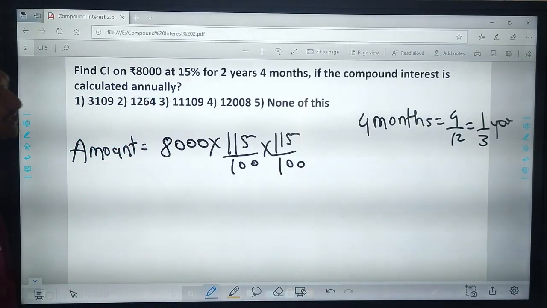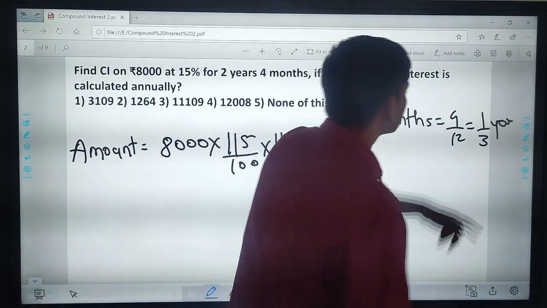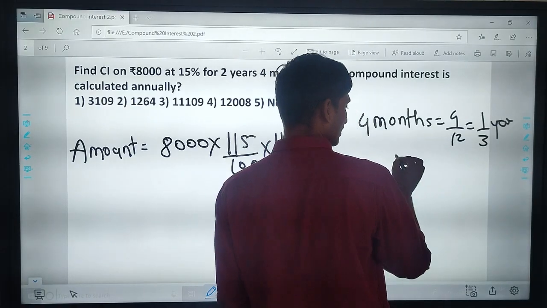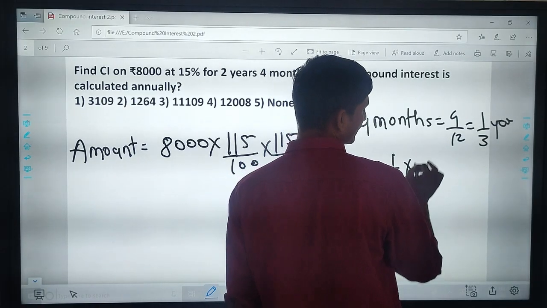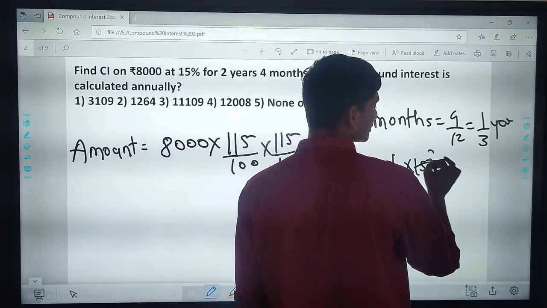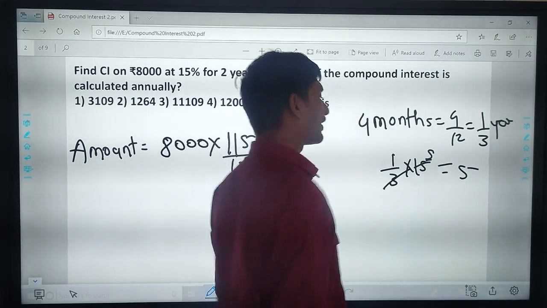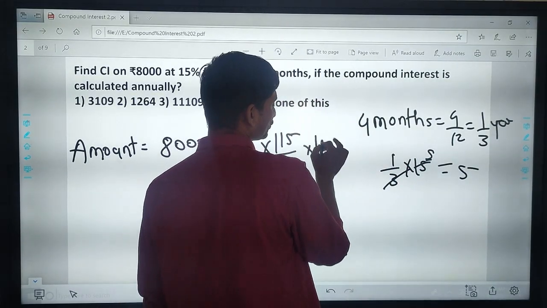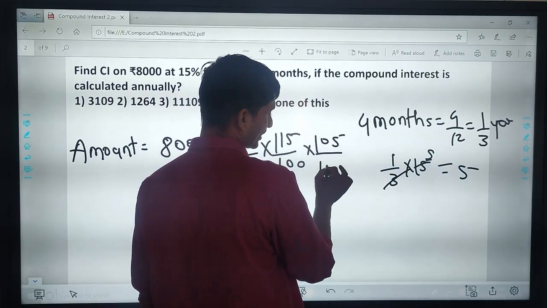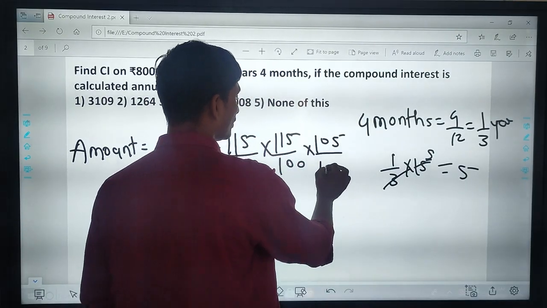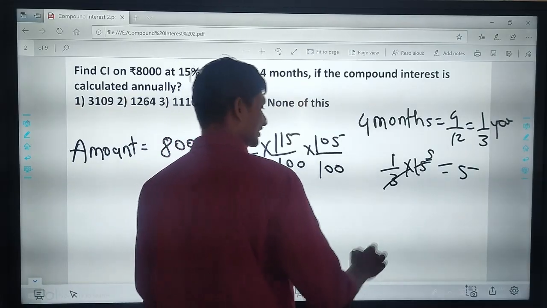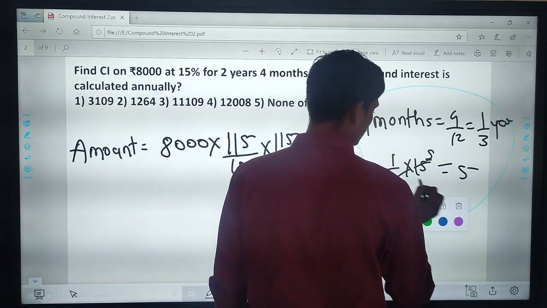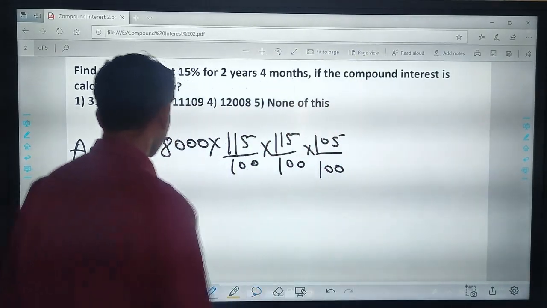Here the third year is not complete, that is 1 by 3 year. Now 1 by 3 into 15 is 5. We add 5 to 100, then 105 divided by 100. If you calculate, we get the value of amount.